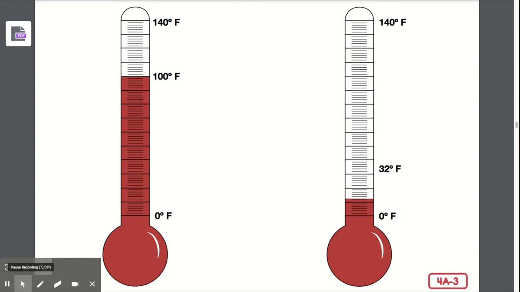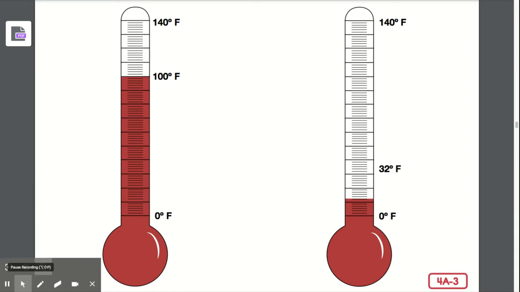When it is cool outside, the liquid in the thermometer stays down in the lower part of the thermometer. When it is warm outside, the liquid rises in the thermometer and comes close to the top.